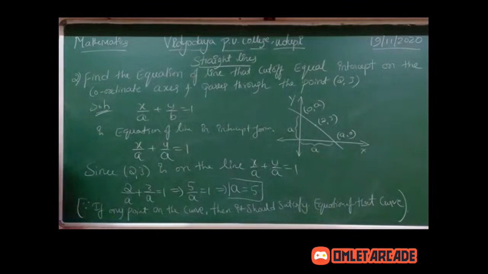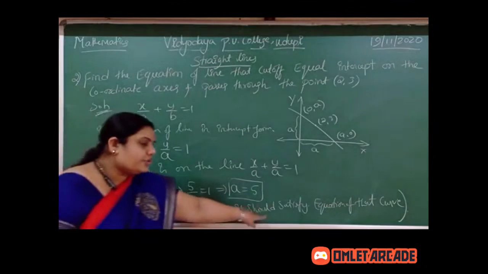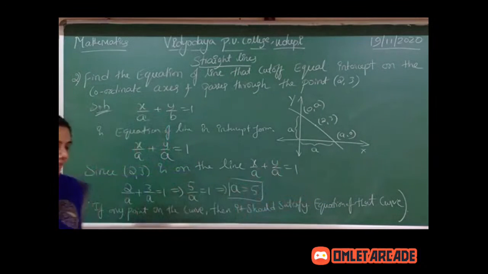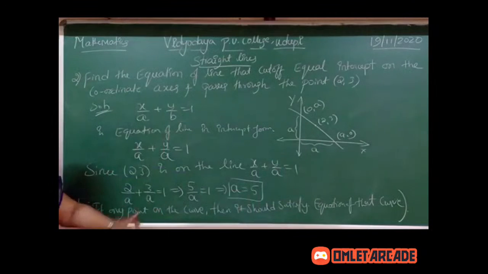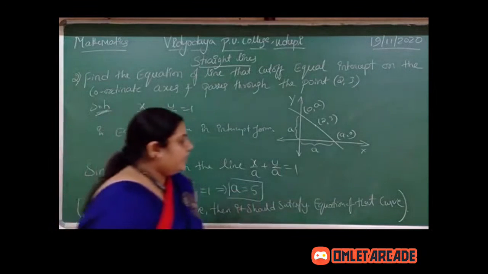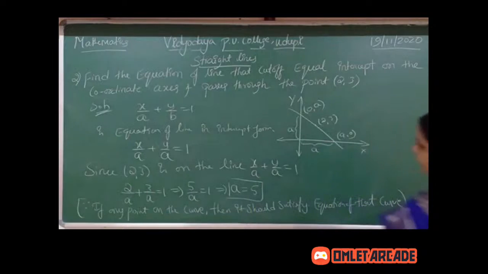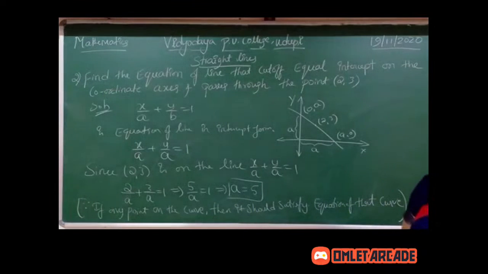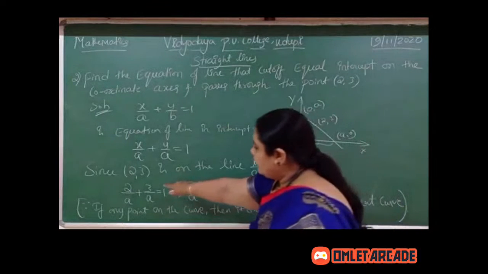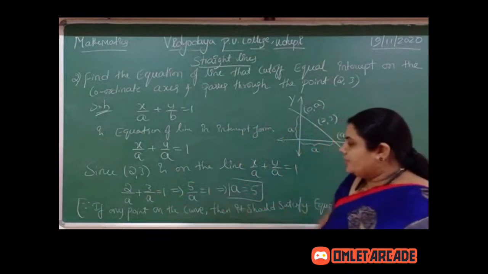Important. In examination, it is not necessary to mention this. This is only for your reference. You should know why I substitute x is equal to 2 and y is equal to 3 here. If any point is on the curve, then it should satisfy the equation of that curve. That's why we substitute x is equal to 2 and y is equal to 3 in the equation.